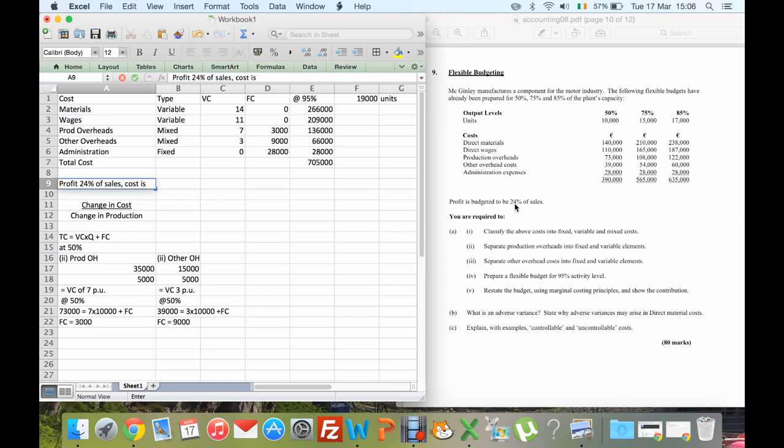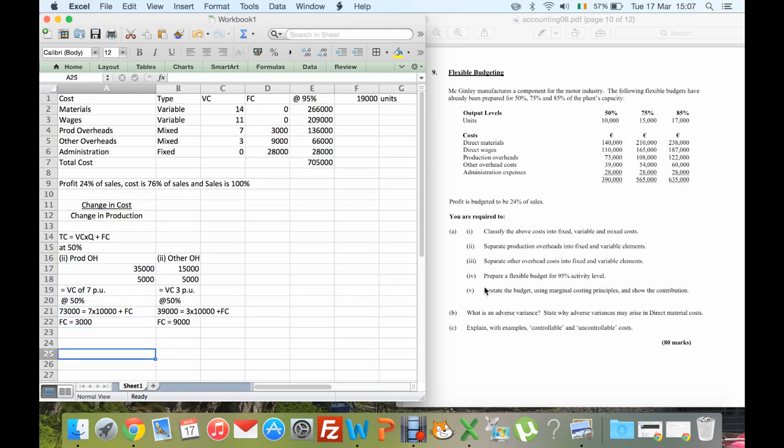So cost is 76%, and sales is 100%. So we know that that's our total cost. That represents 76%. So our sales is going to be that number divided by 76, get 1%, and then multiply by 100.